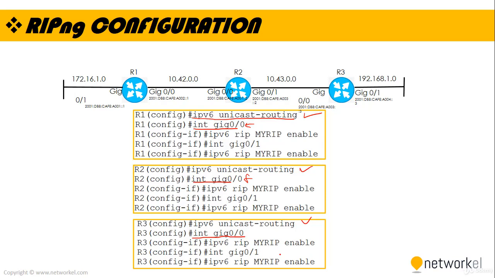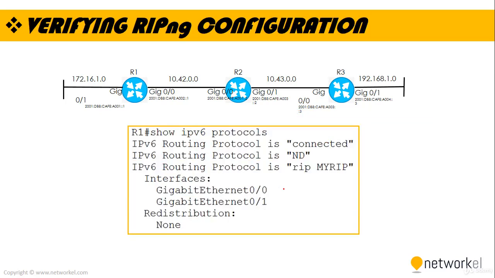So we are getting into the interface mode by typing, for router 1, for example, interface gig 0/0, and the command is pretty straightforward: ipv6 rip, a keyword which we can choose arbitrarily. This is myrip for this, and we are typing enable. Okay, that's pretty straightforward, and the same thing for the other interfaces as well.